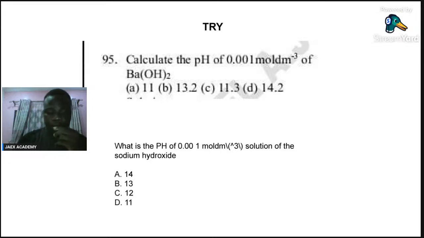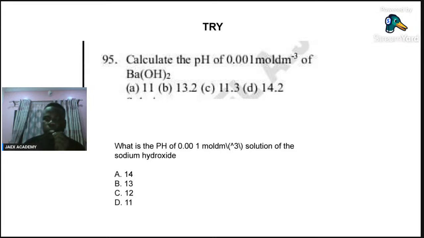So I repeat, Vincent, a strong acid ionizes completely in a solution, then a weak acid ionizes partially.